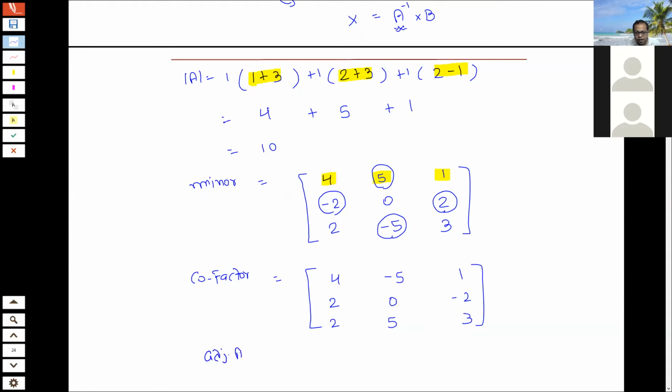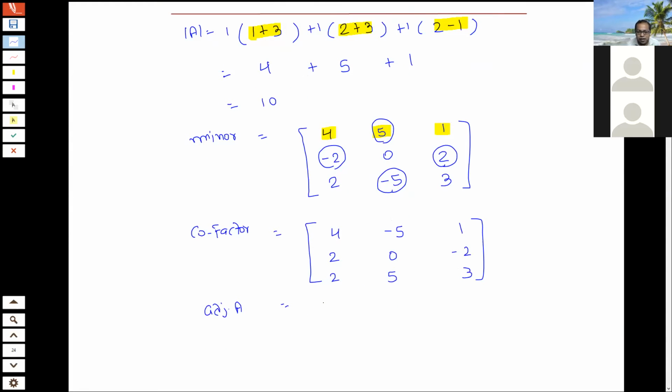Then the adjoint matrix. In the adjoint matrix, row and column will interchange. So 4, 2, 2. Then minus 5, 0, 5. Then 1, minus 2, and 3.